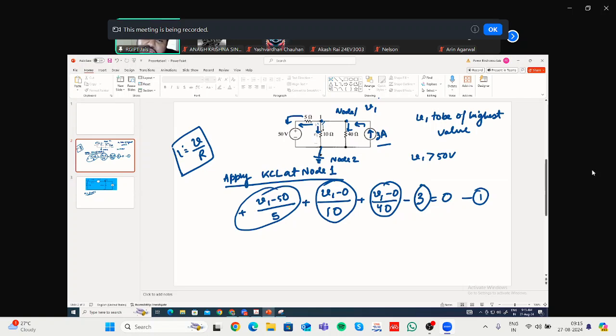So these are branches A, B and C, and this is branch D. What I am writing is IA plus IB plus IC minus ID equals 0. IA and IB we find like this, and ID is given to us. This comes from KCL, Kirchhoff's current law.